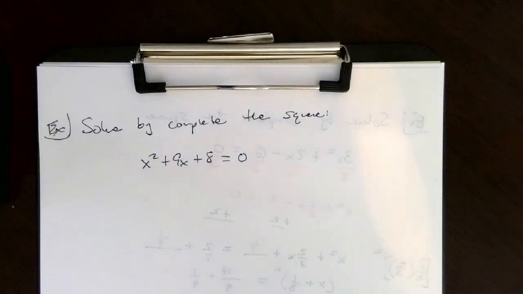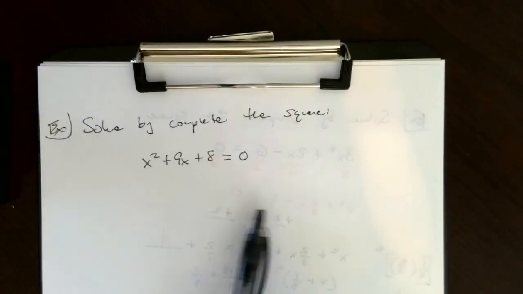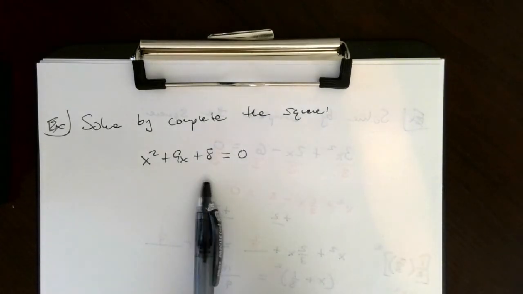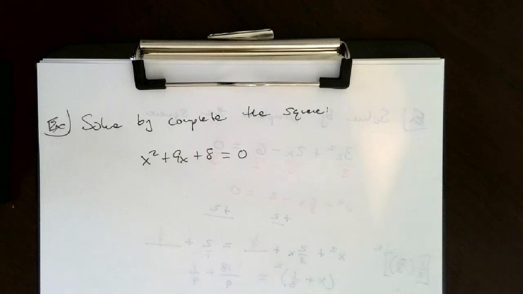Now, I will tell you up front, this is something that's factorable. If I didn't say solve by completing the square, you would try to solve it by factoring first. But in this case, I asked you to solve by completing the square, so let's go through the process.